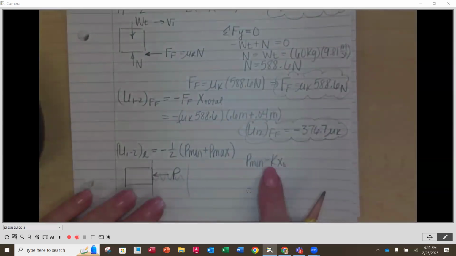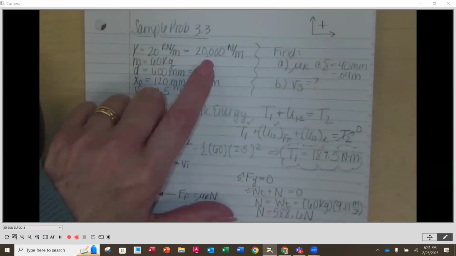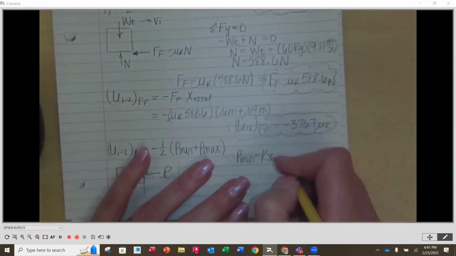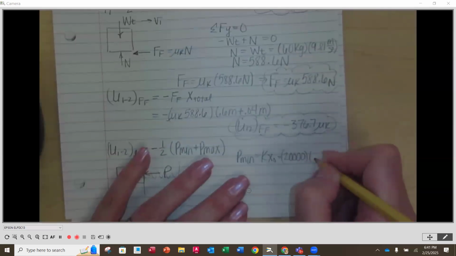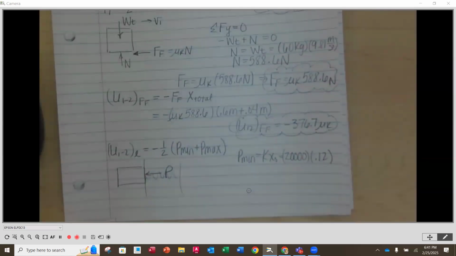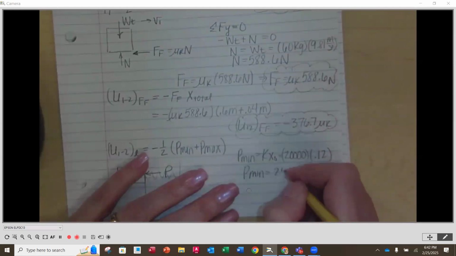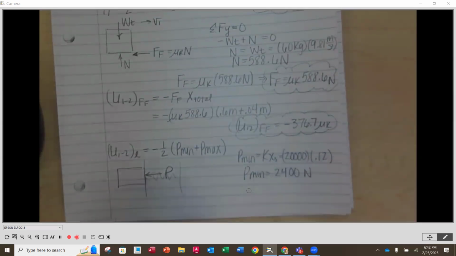So our K, we know from up here, is 20,000 newtons per meter, and the original compressed length was 0.12 meters. So this is going to be equal to 20,000 times 0.12. So our P min is going to be 2,400 newtons.